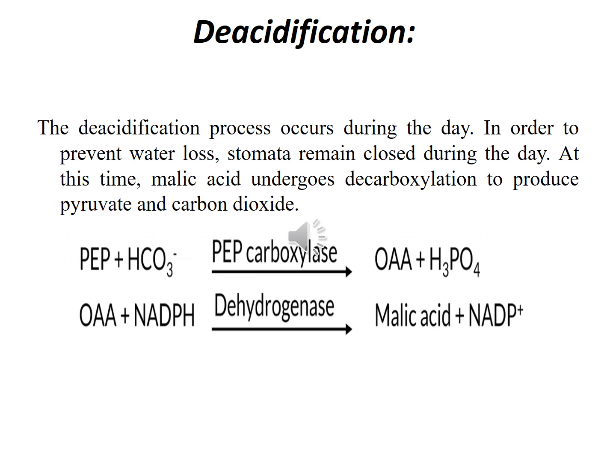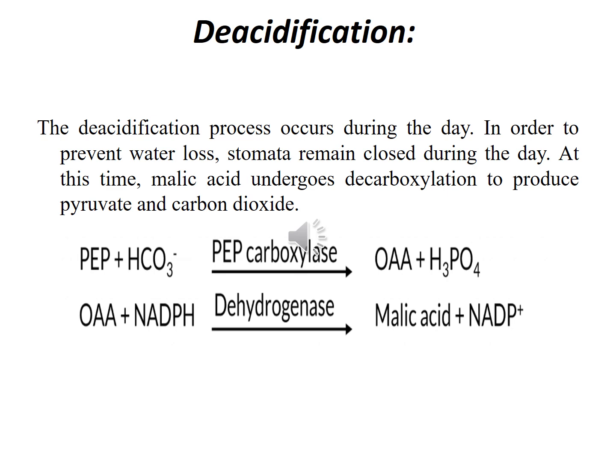Deacidification. The deacidification process occurs during the day. In order to prevent water loss, stomata remain closed during the daytime. At this time, malic acid undergoes decarboxylation to produce pyruvate and carbon dioxide. This reaction is catalyzed by malic enzyme. As malic acid is decarboxylated to pyruvate, there is a decrease in the acidity of the cell.